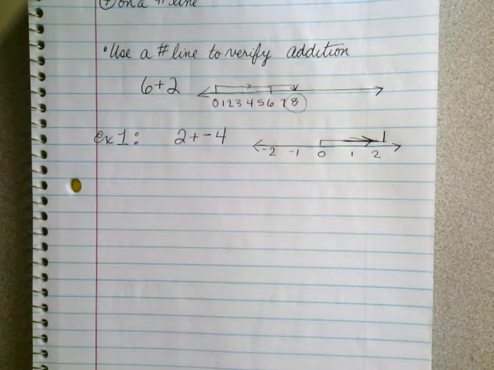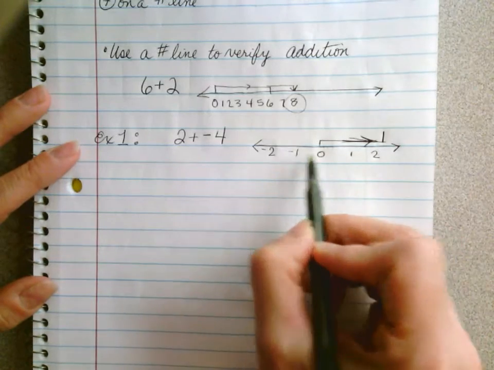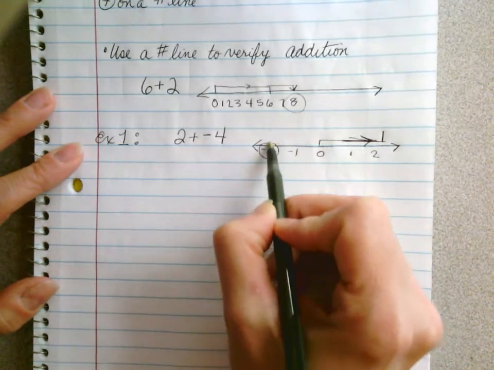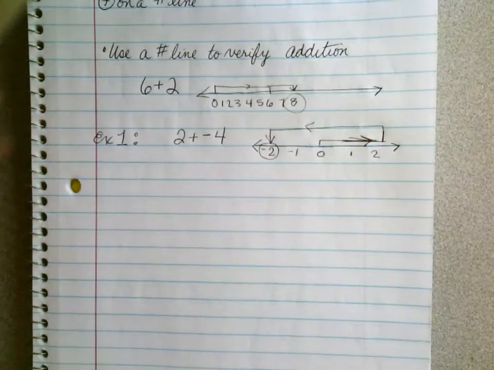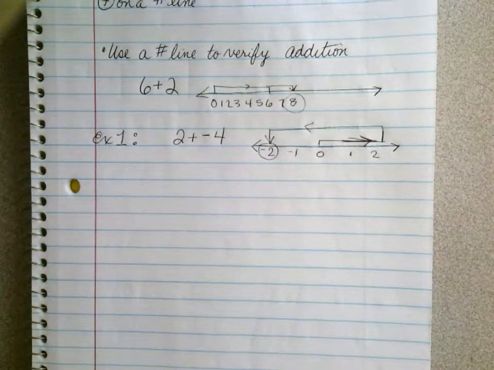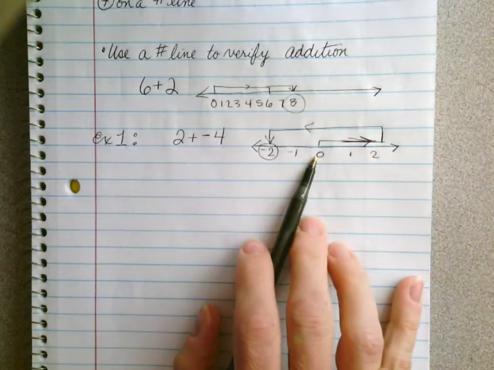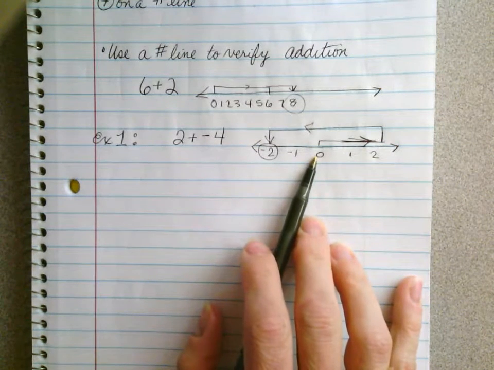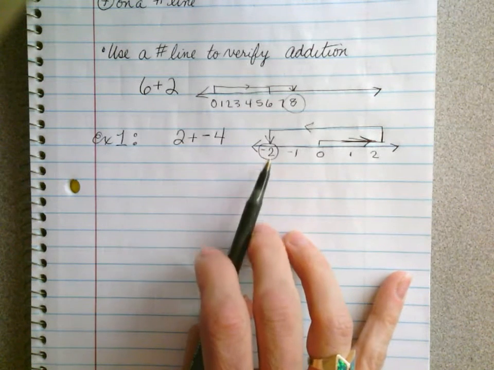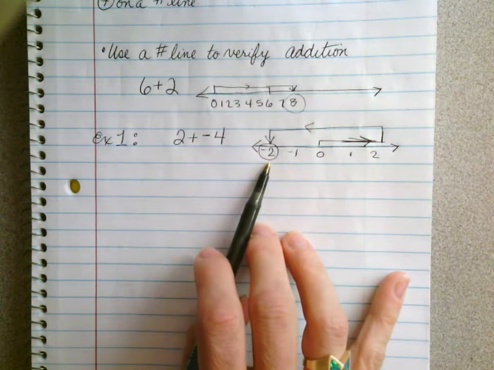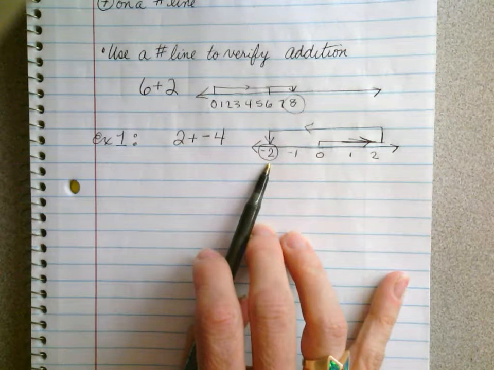Well, I am going to add a negative 4 to it, which means I'm going to go left 4 spots, which lands me there. This visual representation, starting at 0, represents 2 and negative 4, and the end result is a negative 2. Okay? So far, so good on that?